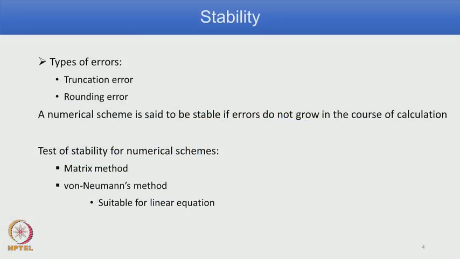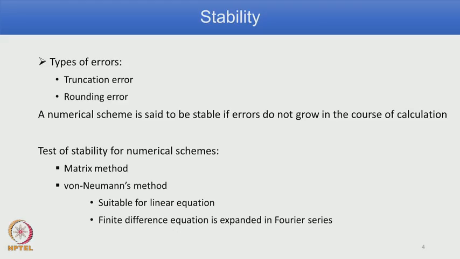As I mentioned last class, this von Neumann method is particularly suitable for linear equations, but most of the equations used for practical simulations are nonlinear in nature. Locally you can linearize and apply the von Neumann method. So, there is a limitation in applying the von Neumann method to a practical nonlinear problem.